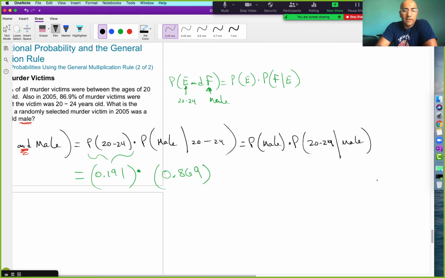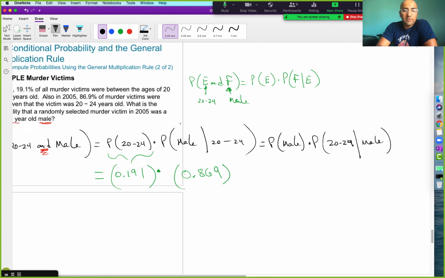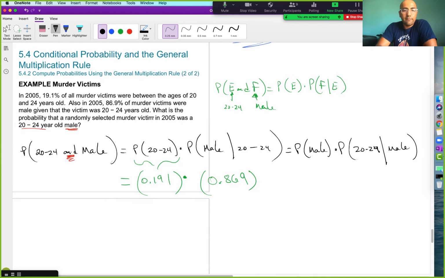If they had given me the probability that a murder victim is male, and the probability of being between 20 and 24 given that they're male, I could use it. But if you read the word problem carefully, these are the two that they gave me, so this is how I get it.